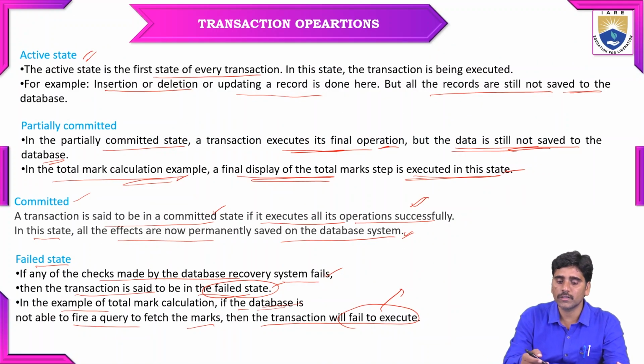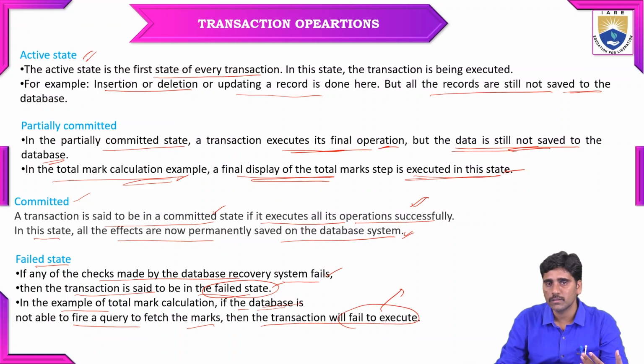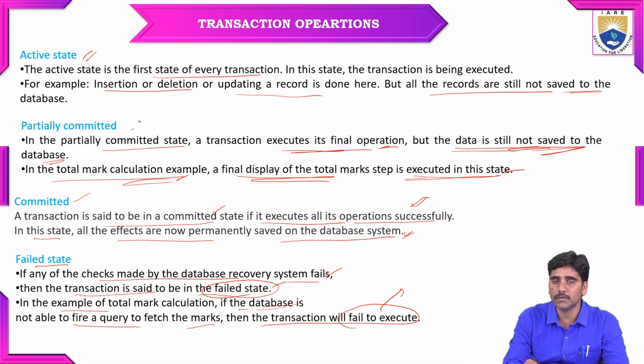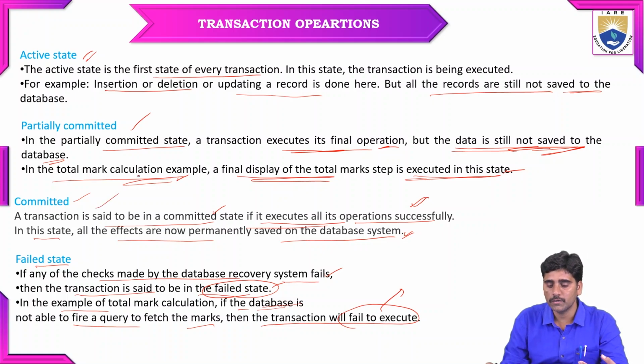So here we can see the active state. The starting of the transaction is the active state. When the transaction executes its final operation but does not save data permanently, that is partially committed. When it executes all its operations and saves data permanently, it is committed. If there is any database recovery system failure, then it will be rolled back into the failed state.